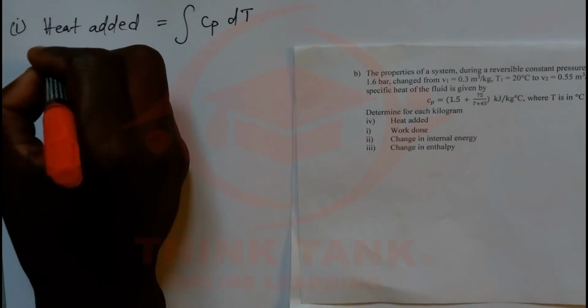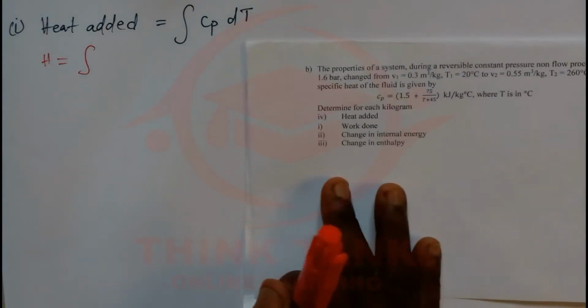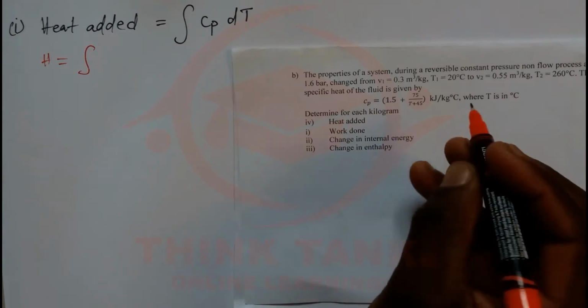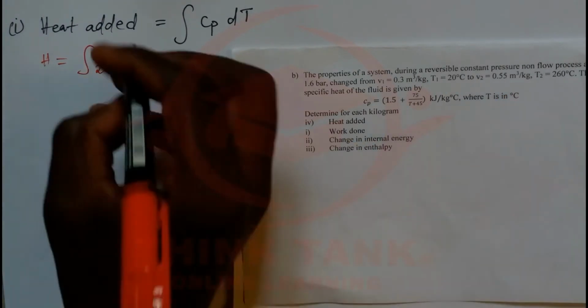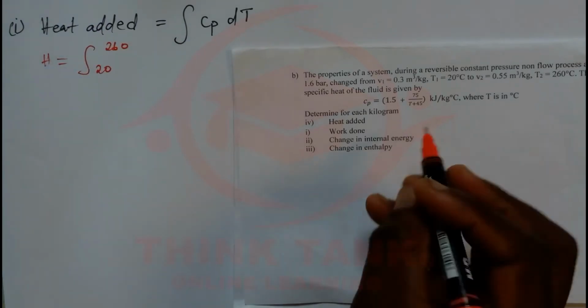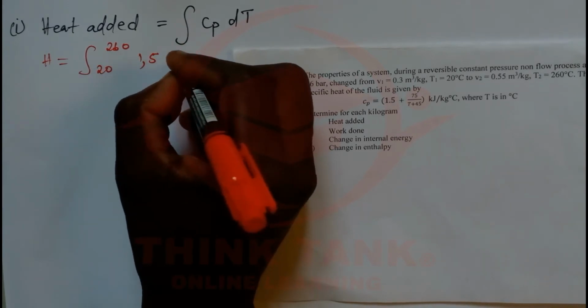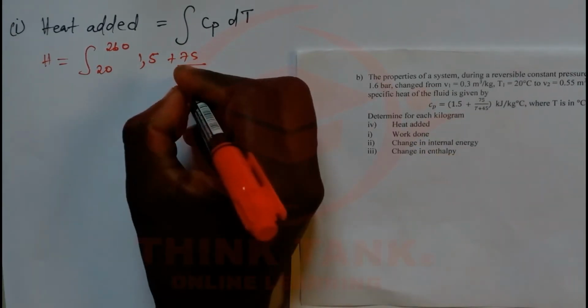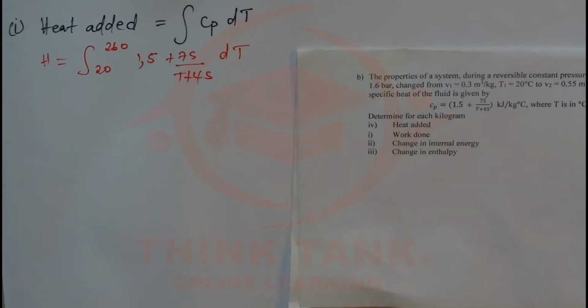Heat added is going to be the integral, and we have our limits, the initial and the final temperature. As you can see, T1 is 20 degrees and T2 is 260 degrees. The specific heat is given by the formula 1.5 plus 75 over T plus 45, and we integrate this with respect to temperature.